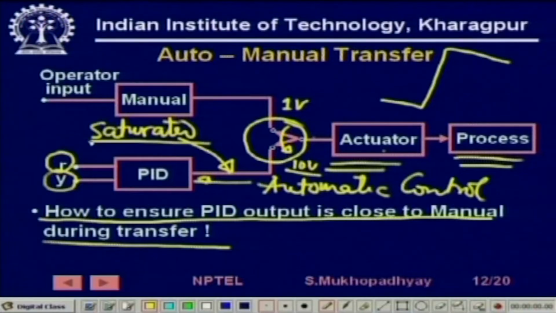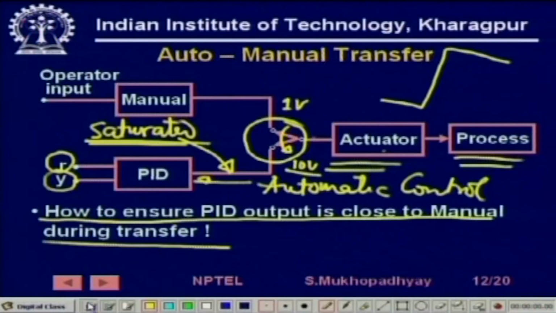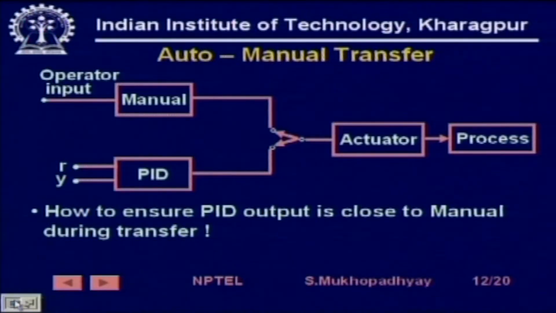It is stuck either at its negative maximum or its positive maximum. So, now if you suddenly flick the switch over, you are likely to give the plant a shock, and we want to avoid that. So how do you avoid that?